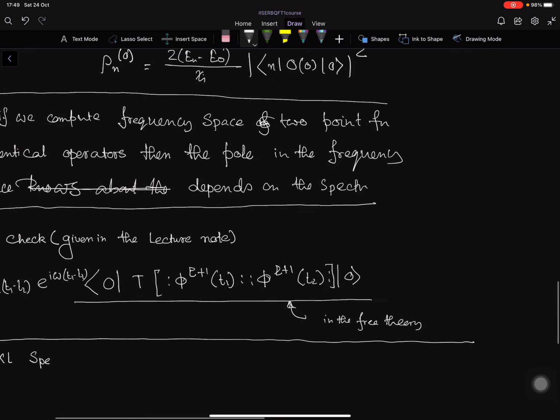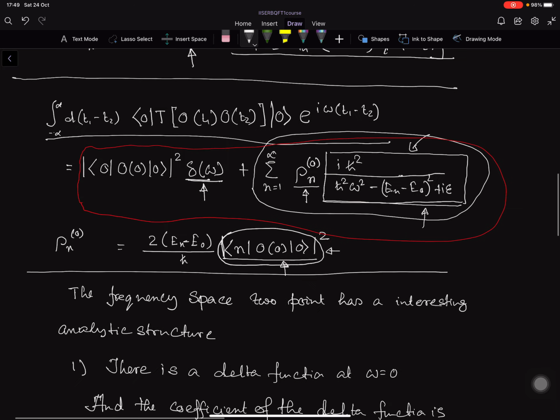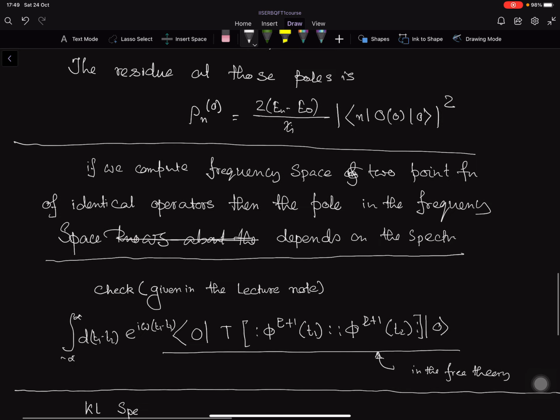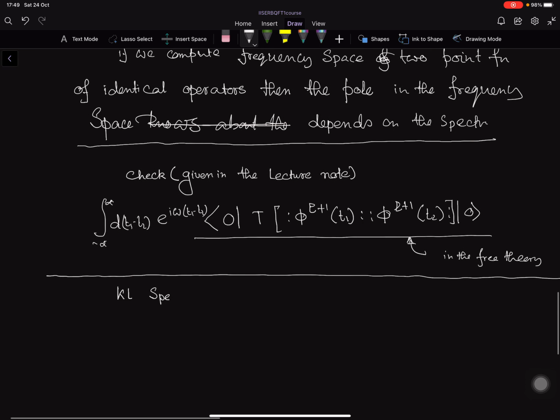This form is known as the Källén-Lehmann spectral representation, for the 2-point function of identical operators.